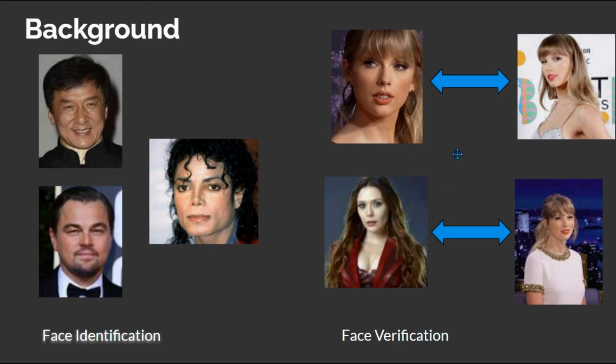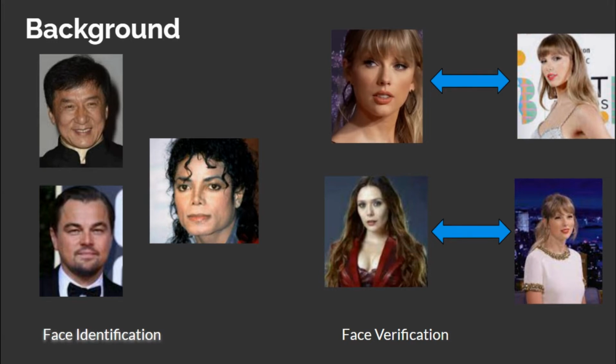If they are the same person, the system will return true, otherwise false. For example, this girl, Elizabeth Olsen, is not the same person as the one on the right. Okay, that one is also Taylor Swift.